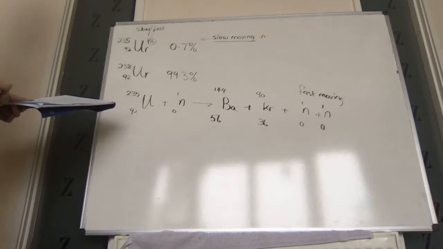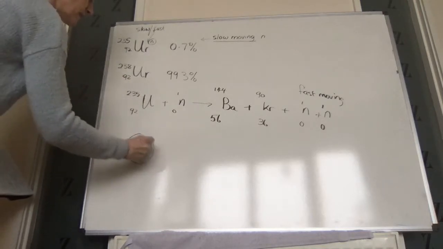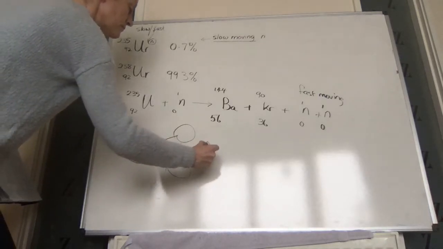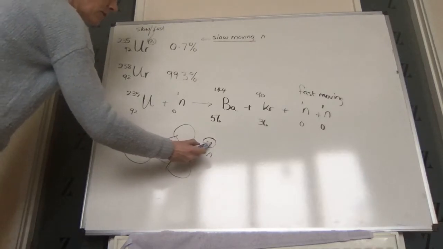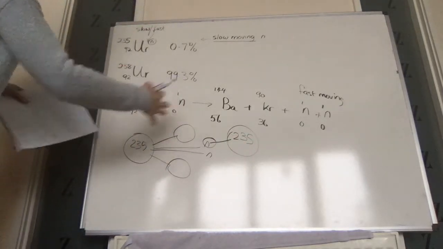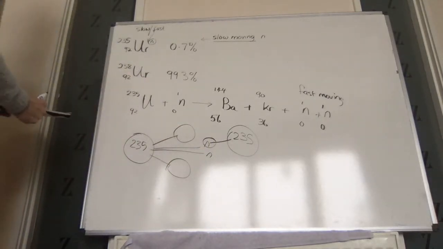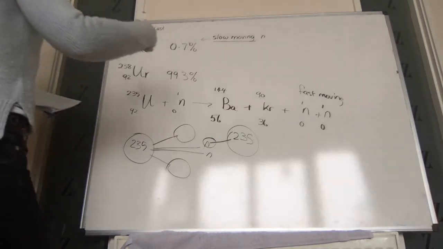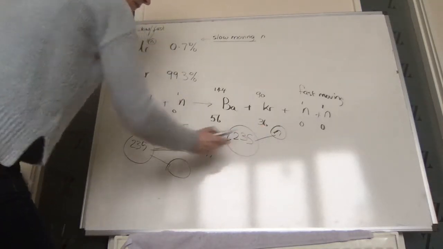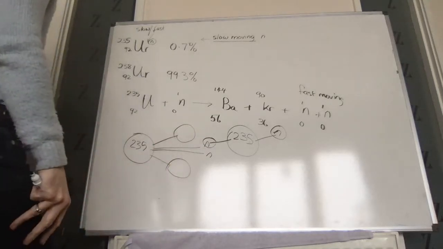Now, if a uranium-235 atom undergoes fission, and remember you get two neutrons released, if at least one of those neutrons causes further fission in another atom of uranium-235, and remember, you have billions of atoms together in a lump of uranium, and for subsequent ones, if at least one neutron coming out of that causes further fission, then you have what's called a chain reaction.